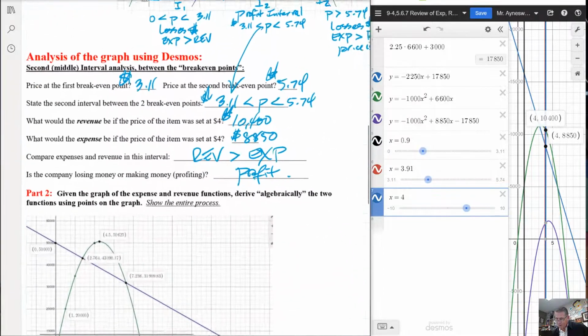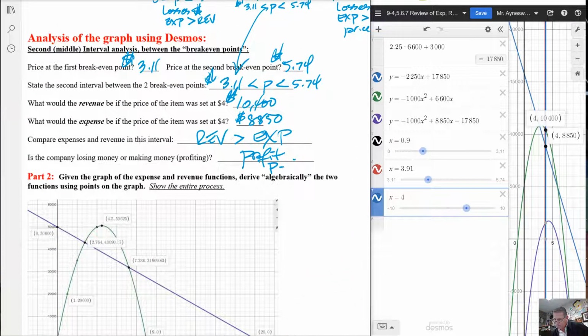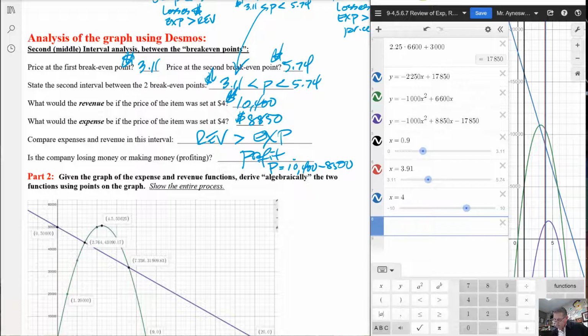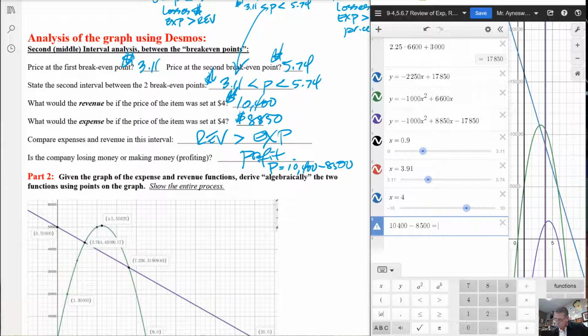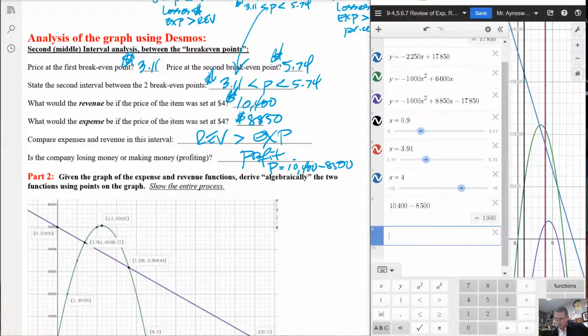The way you figure out your profit, as you guys know, profit equals 10,400 minus the 8,850. If you just type that in, we got 10,400 minus 8,850, and notice that the profit right there is 1,900 bucks.